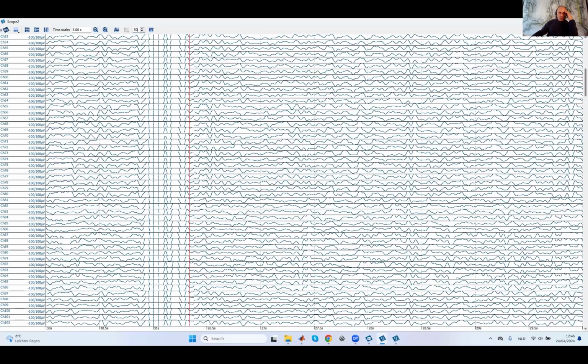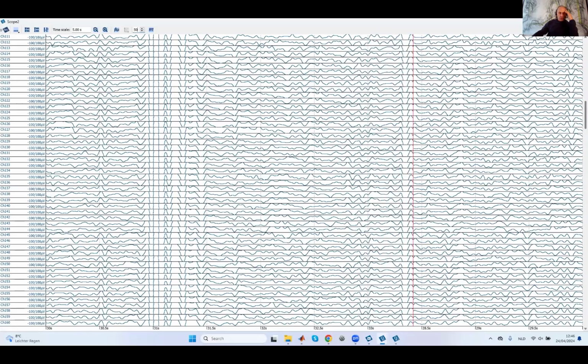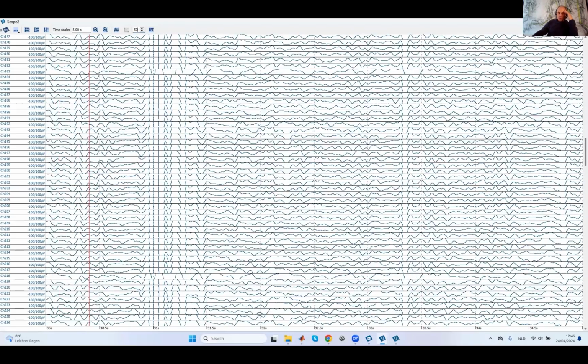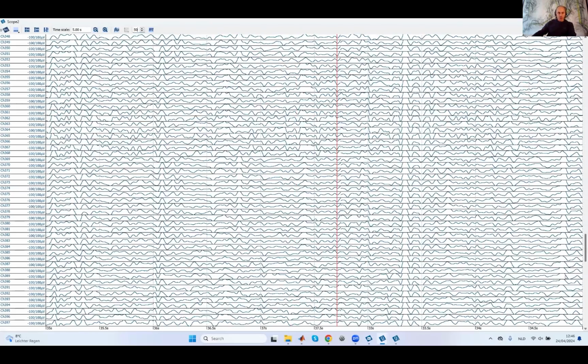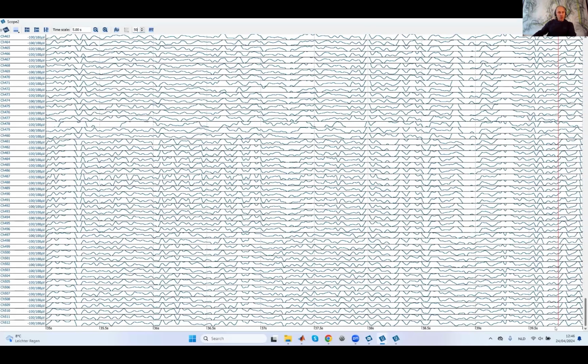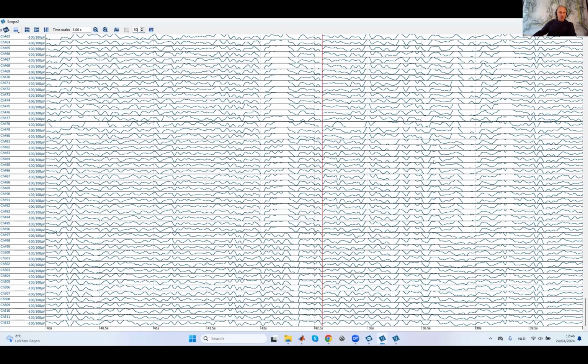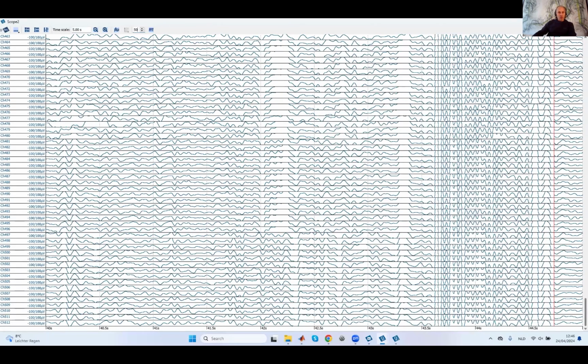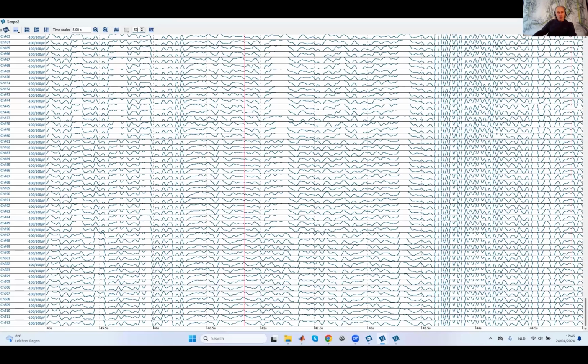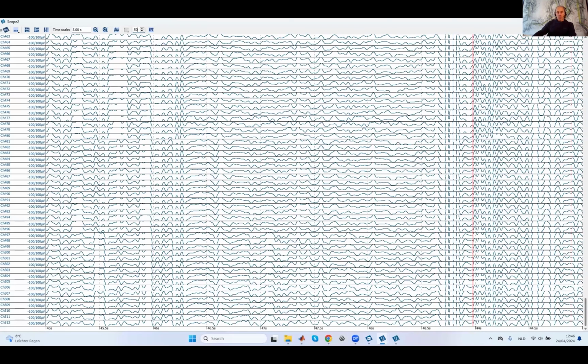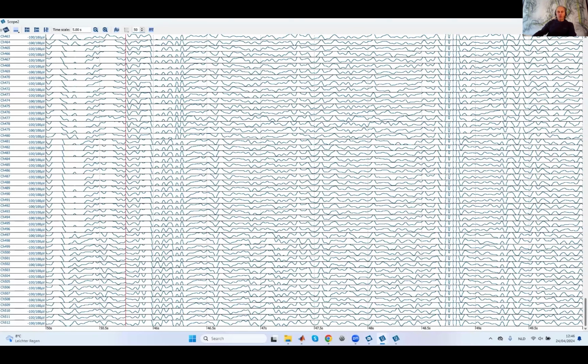So Leo, maybe I can interrupt here because many people are asking us if there's a difference between neighbor channels if they are so closely together. If you look at the traces now, for example the top two, you can see the traces are pretty similar, but they're a little bit distinct. This is exactly what EEG data looks like.